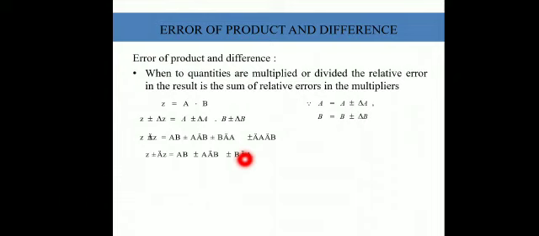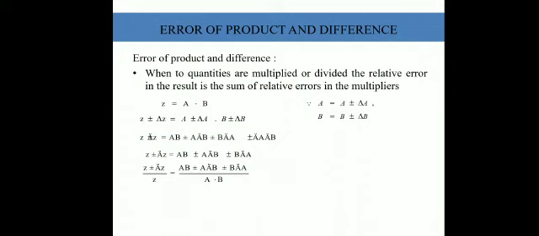But now, because we have to find the relative error, divide both sides by z. Left hand side is divided by z, or you can divide this equation by that equation, left hand side by left hand side and right hand side by right hand side. Fine.